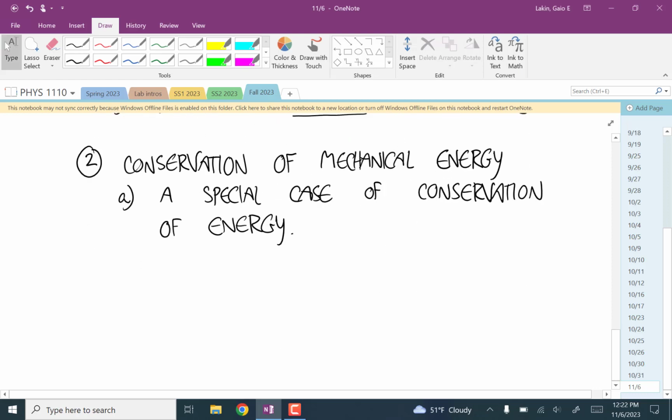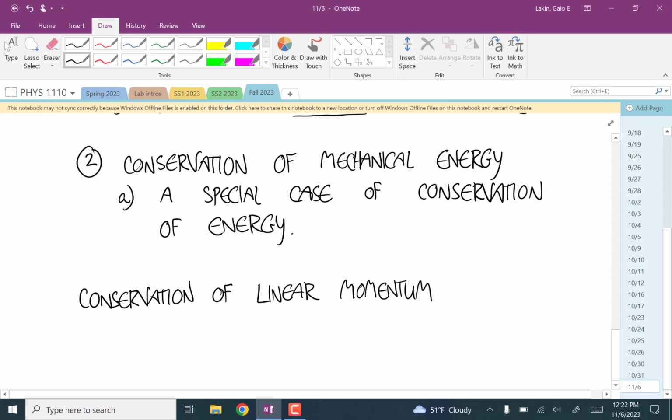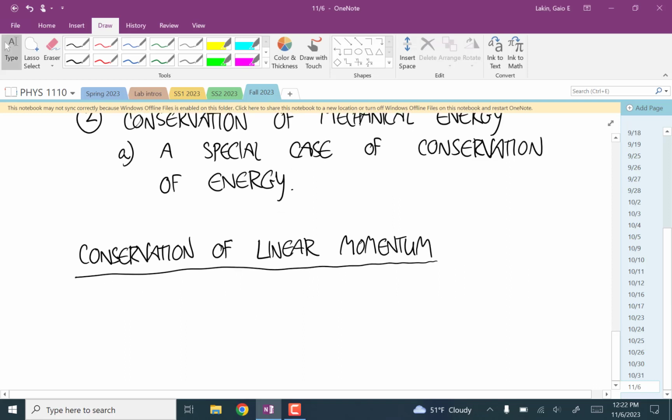Okay, so we're going to start with conservation of linear momentum. And it's very simple to know whether to use this.